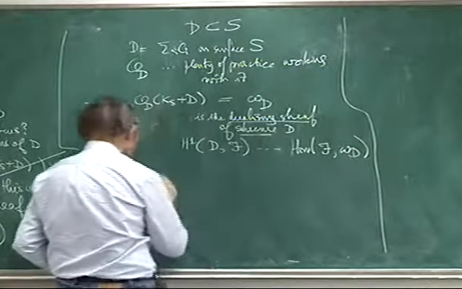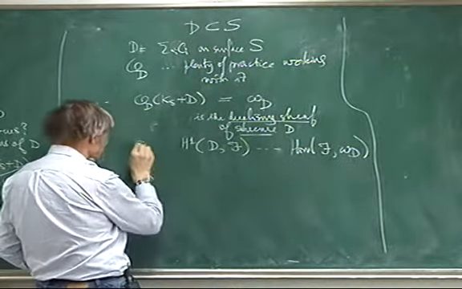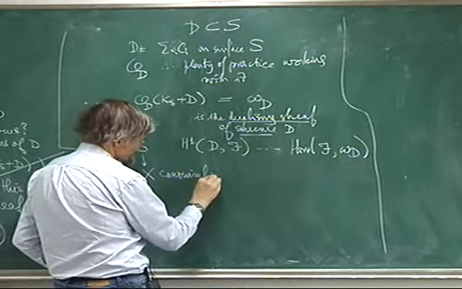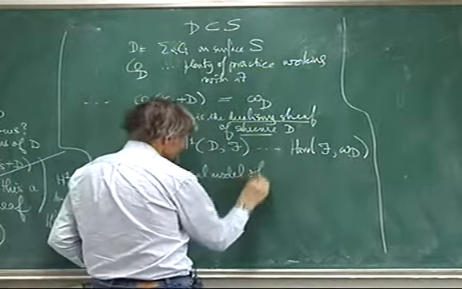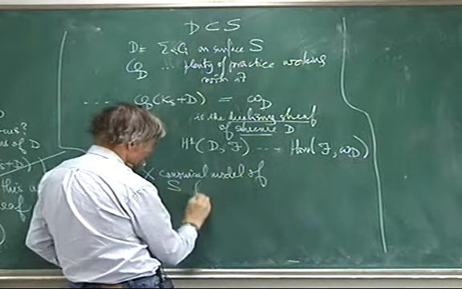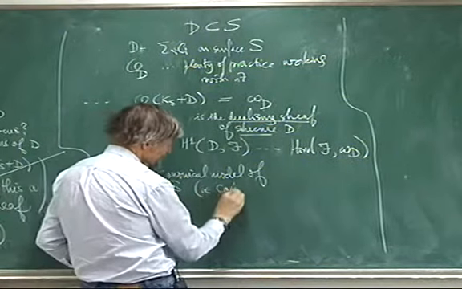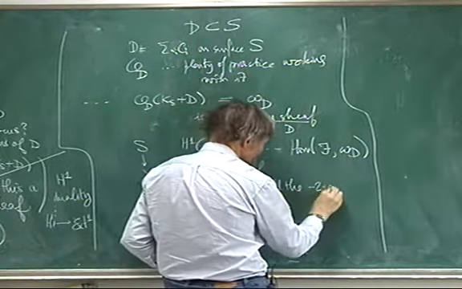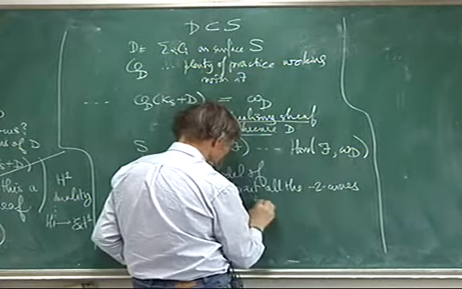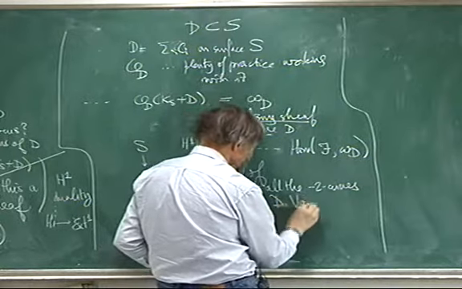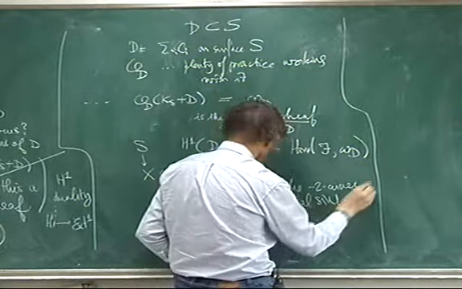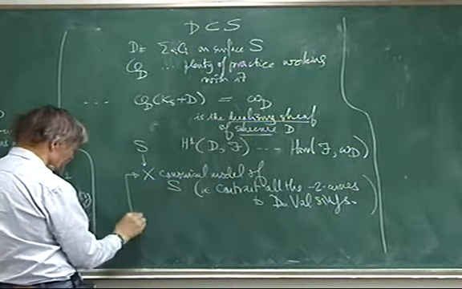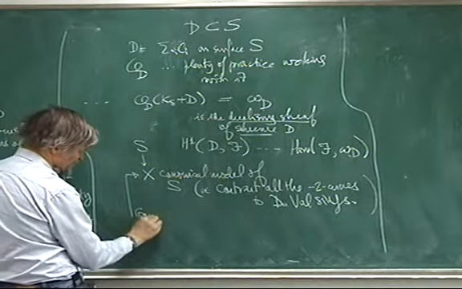Right? And then, if X is a surface, so S goes to X, if this is the canonical model of S, it means contract all the minus 2 curves to Duval singularities. Then this X has this property which is called Gorenstein.